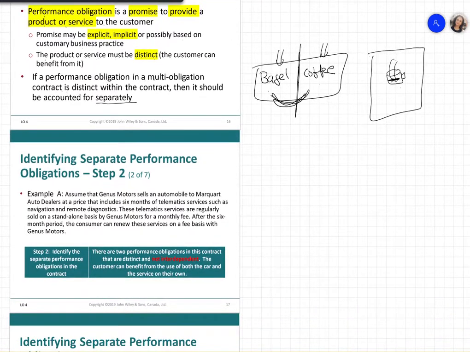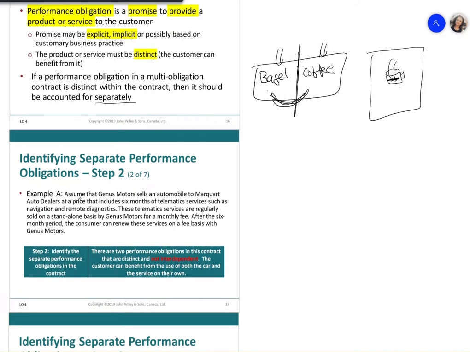Let's do an example, which might answer what I was trying to give. Assume that Genus Motors sells an automobile to Marquardt auto dealers at a price that includes 6 months of telematics services such as navigation and diagnostics.